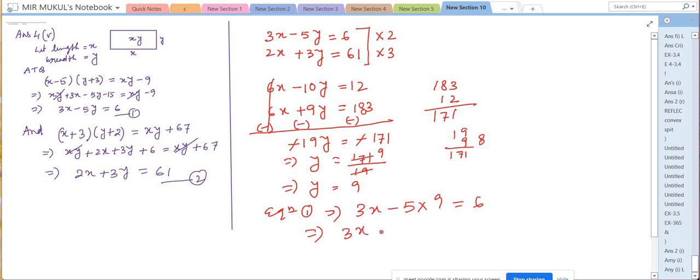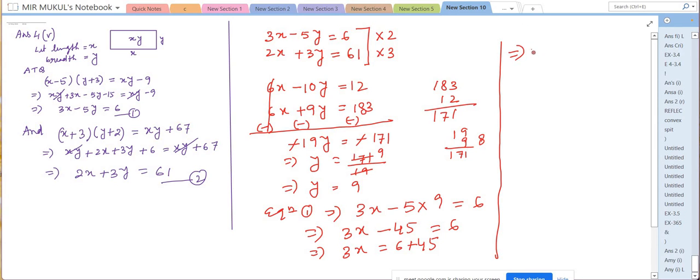So 3x minus 45 equals 6. So 3x equals 6 plus 45, so 3x equals 51, and x equals 51 by 3, which is 17. So length equals 17.